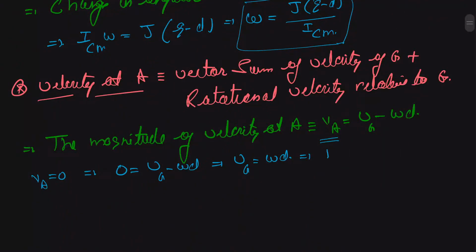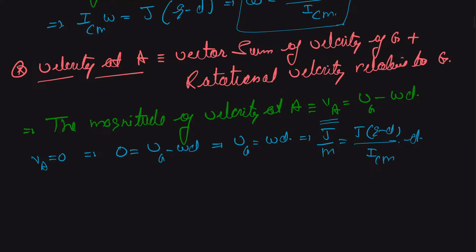Therefore from here we can say that J upon M is equal to, we also know omega is J times (Q minus d) upon ICM, times d.